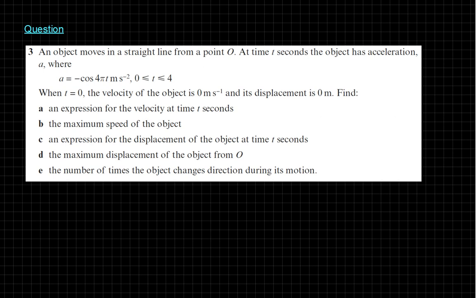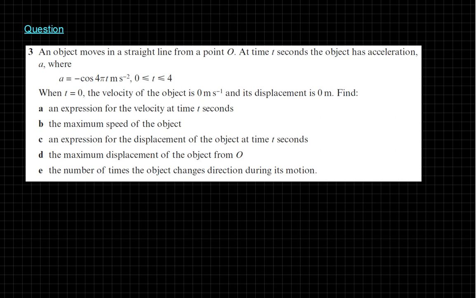Similar to velocity, remember, but if it's maximum speed, for sure, it's going to be a positive number. So what you really want to find is either the most positive velocity or the most negative velocity, and whichever one's bigger, that's your maximum speed. Then you're doing a bit more integration to get displacement. D is similar methodology to part B.